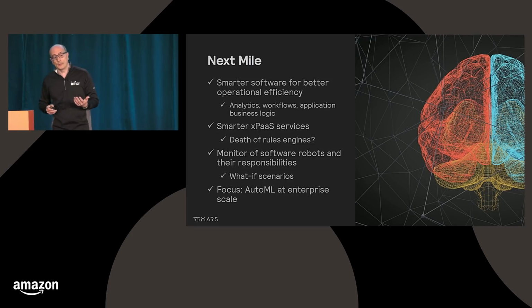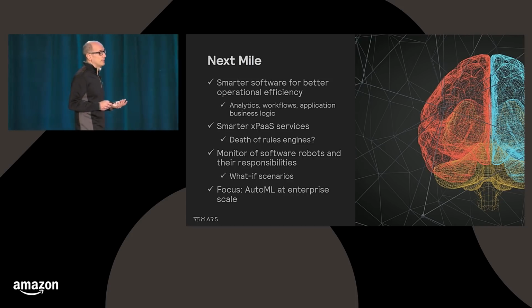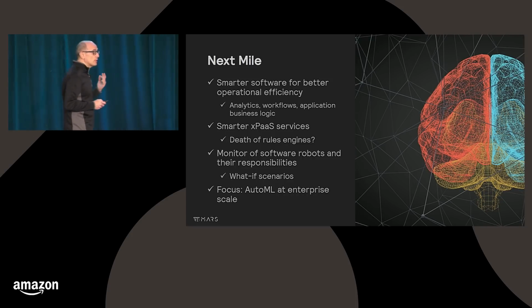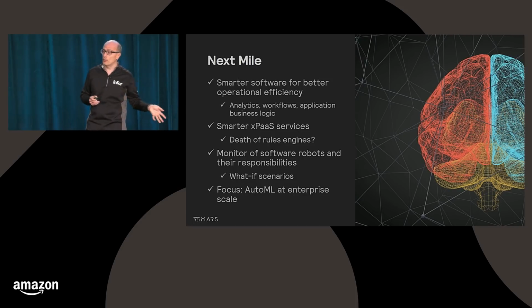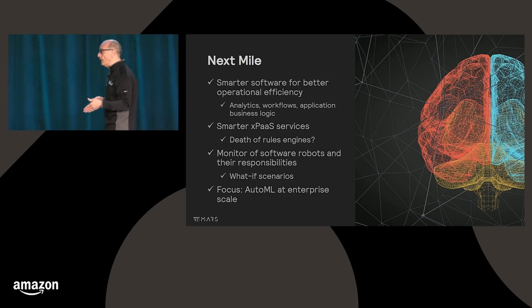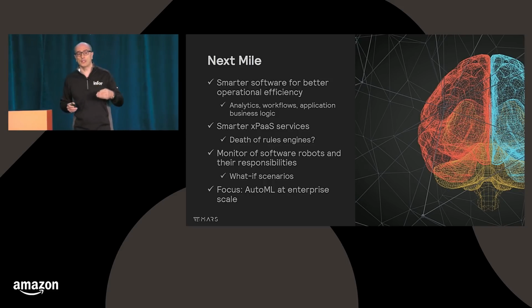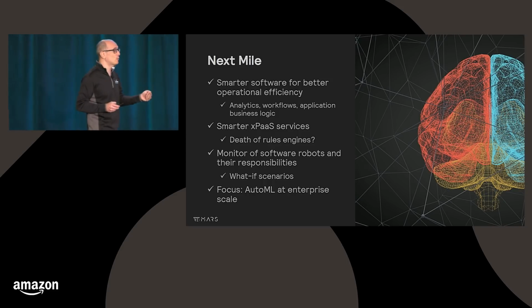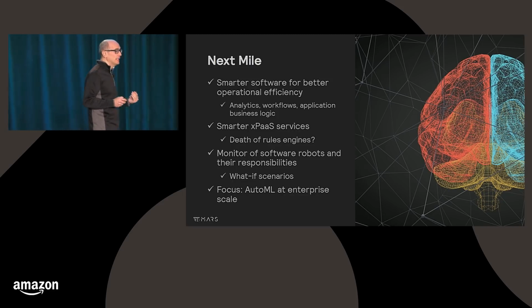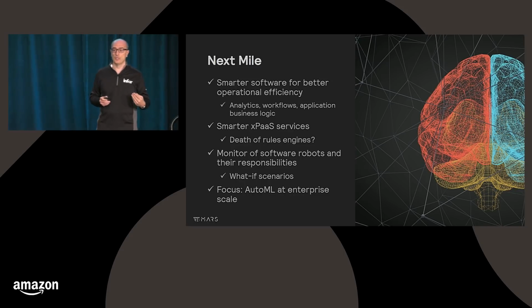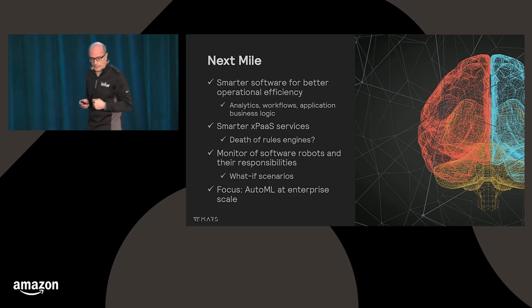That's even in Europe very, very important to have that transparency. So that's going to be another requirement in the checklist you saw before. The monitoring of AI and software robots is going to be very important. You're not going to get any AI workloads in production in the financial industry, manufacturing industries, healthcare, if you don't have that transparency. So that's another thing that you will need to take care of.